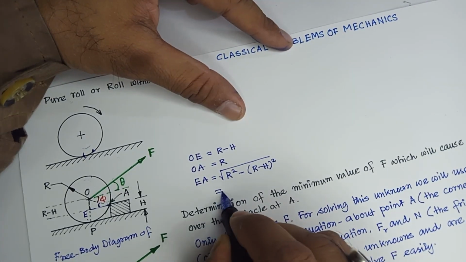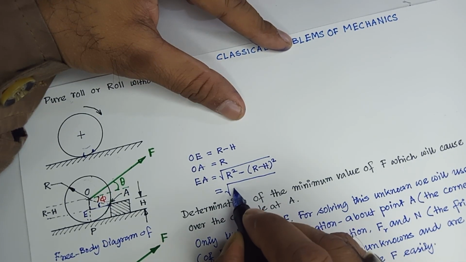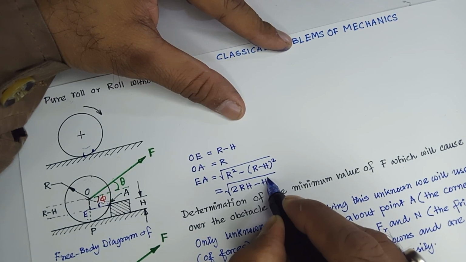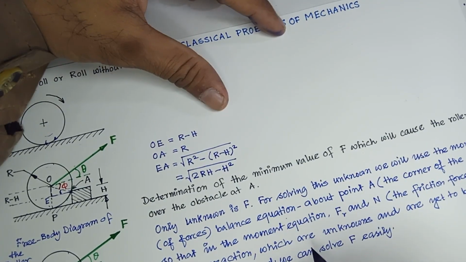If I solve, it will be the square root of 2RH minus H square. Okay.